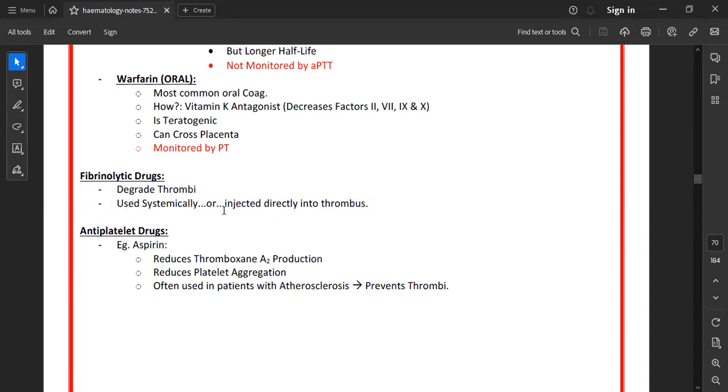So those ones are fibrinolytic drugs that degrade the thrombi and just try to dissolve it so that it does not cause any blockage at any part of the body.